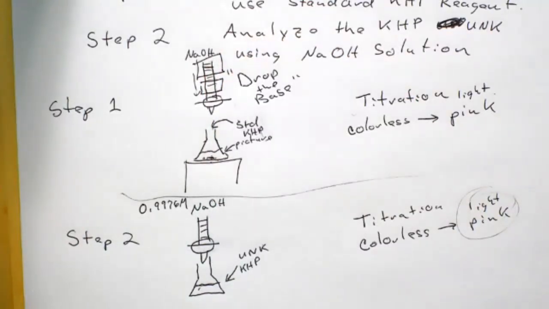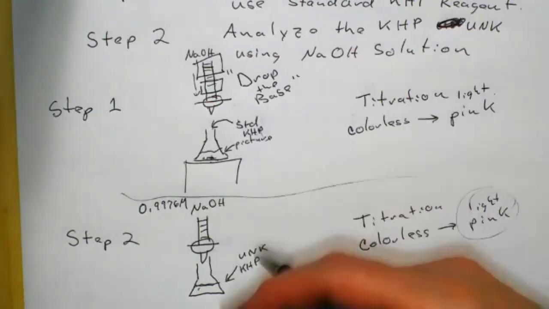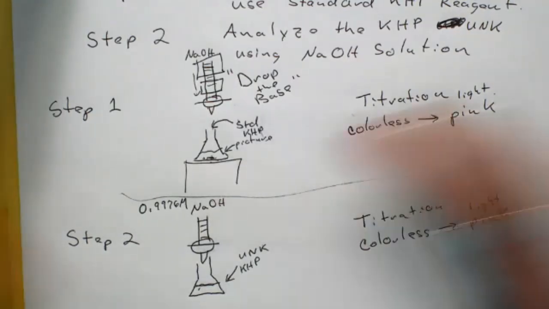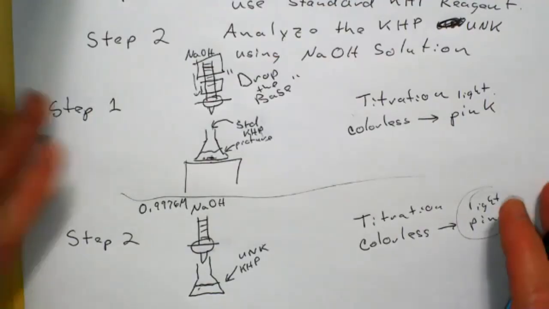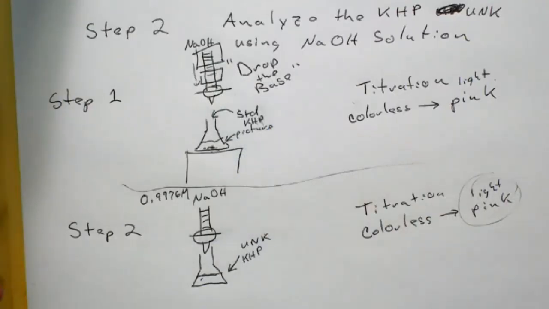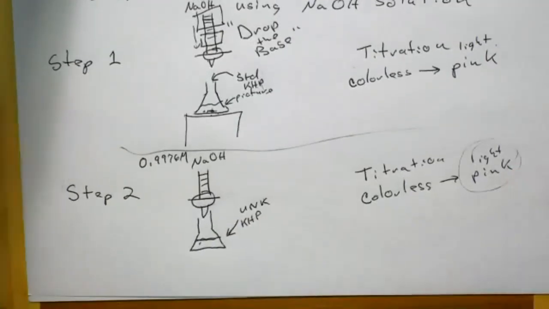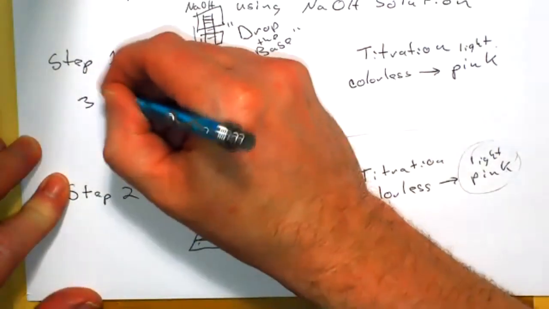Now you have a graphical representation of that titration. And you run all your numbers, they all look the same. You think you're probably good to go. But if one of them sticks out, then you can go back and review it in time. And it's kind of handy. Okay. So that's the KHP lab. So usually we do 3 trials.